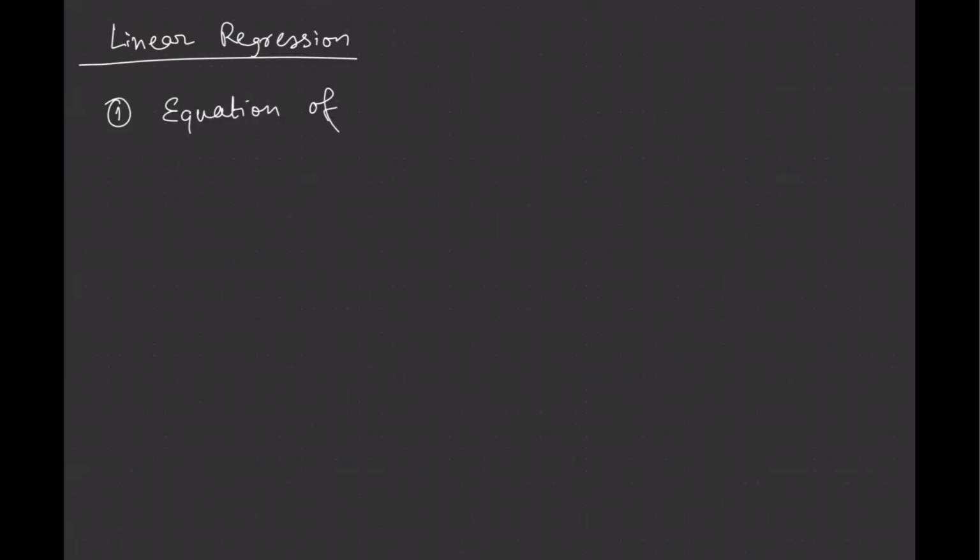So let's start from a blank page and let's try to define some very basic things that we had learned in our school. Okay, let's start with linear regression. The first thing I want you to tell me is how many of you remember the equation of a straight line?